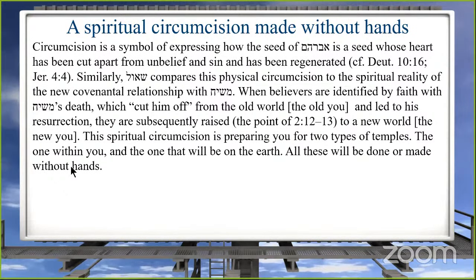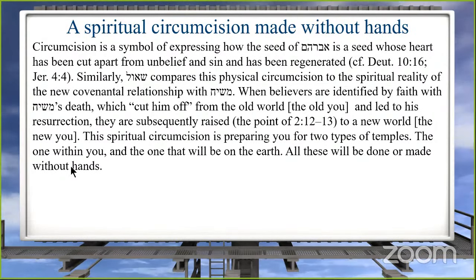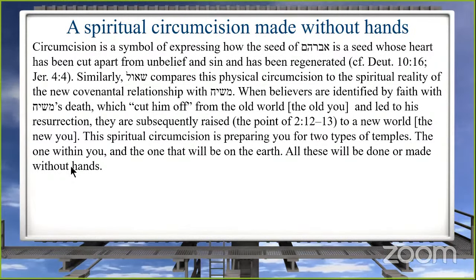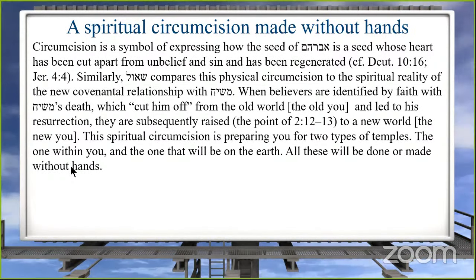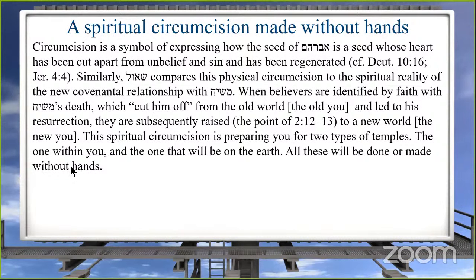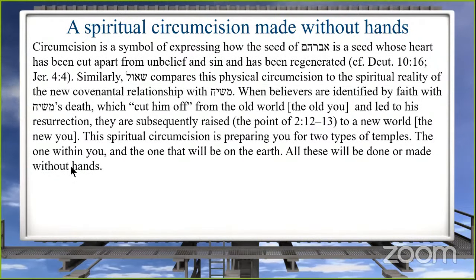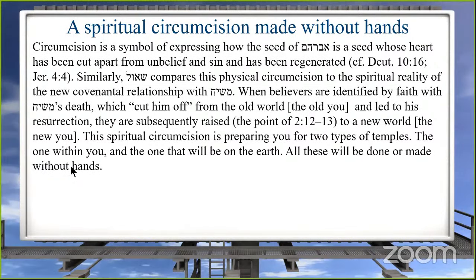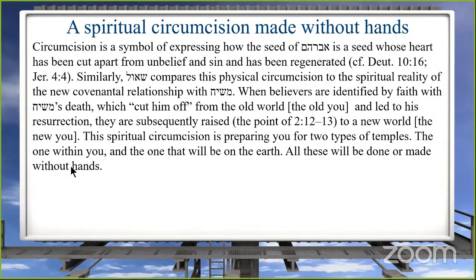So circumcision is a symbol of expressing how the seed of Abraham is a seed whose heart has been cut apart from unbelief and sin and has been regenerated. Got scriptures for that. Similarly, Shaul compares this physical circumcision to a spiritual reality of the new covenantal relationship with Mashiach.